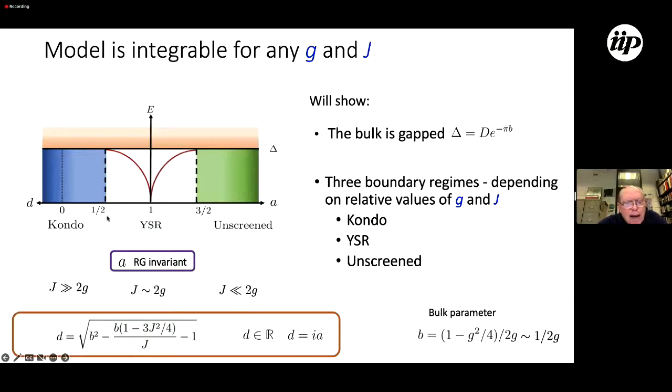So what I claim is that there is a Kondo regime when this parameter A is less than half or going imaginary. Then I'll have a YSR regime between half and 3/2. And then I'll have the unscreened moment regime here. This depends on the relative values of J and G, or more precisely, on the values of A.